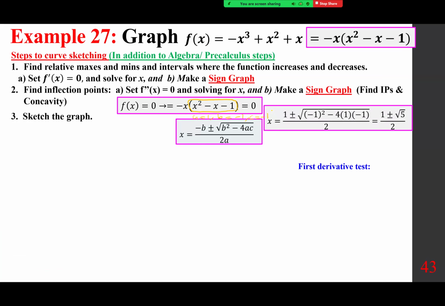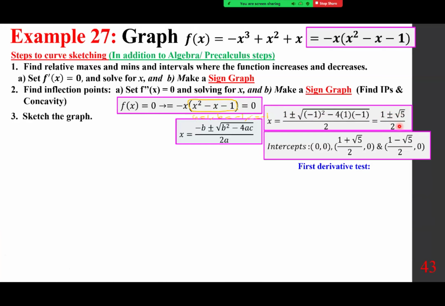It's minus b, so minus negative 1 makes it 1, plus or minus the square root of b squared, negative 1 quantity squared, minus 4 times a times c, over 2, which becomes 1 plus or minus square root of 5 over 2. In other words, the intercepts are the following three: 0, 0, which is both the x and y intercept, 1 plus square root of 5 over 2, 0, and 1 minus square root of 5 over 2, 0. So those are the intercepts.